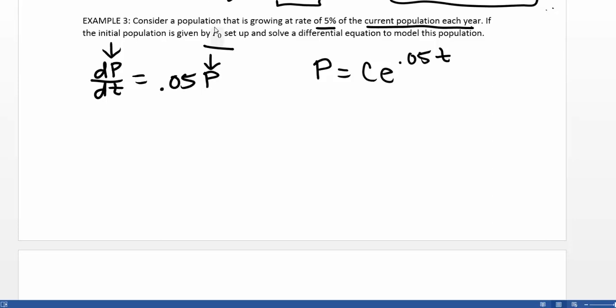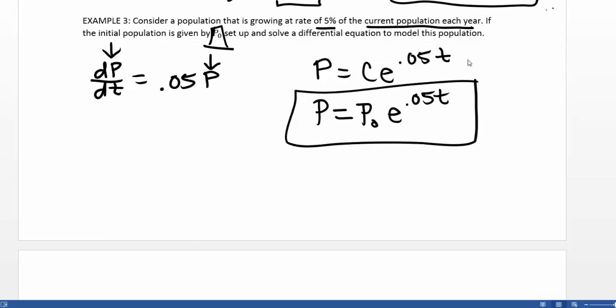But we're also told that the initial population is given by P sub 0. So when t equals 0, C will end up equaling P sub 0. So we can write this as P equals P sub 0 e to the 0.05 t.